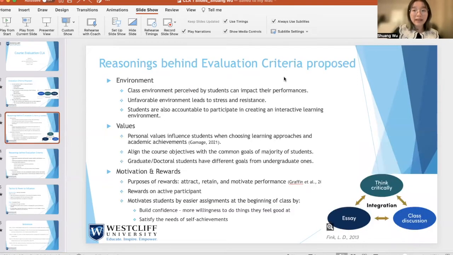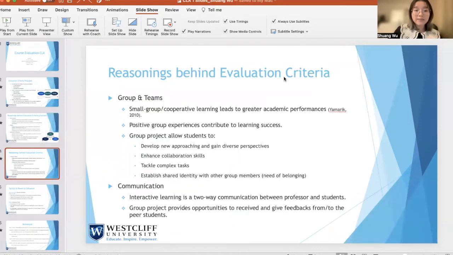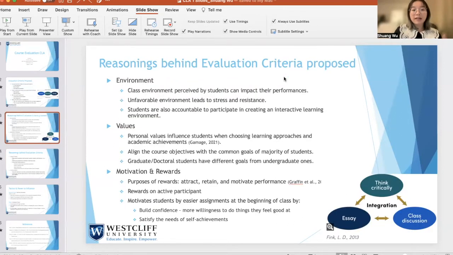Now, please let me elaborate more on the reasoning behind the evaluation criteria I proposed. I will speak from the following five factors: environment, values, motivation and rewards, teams and groups, as well as communication. The class environment perceived by students can impact their performance.